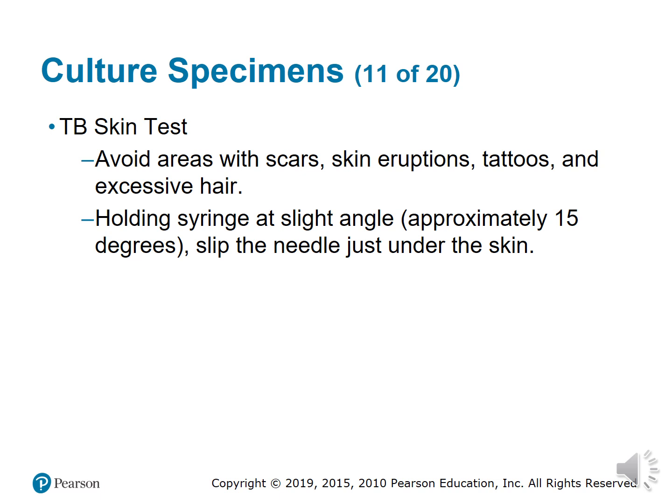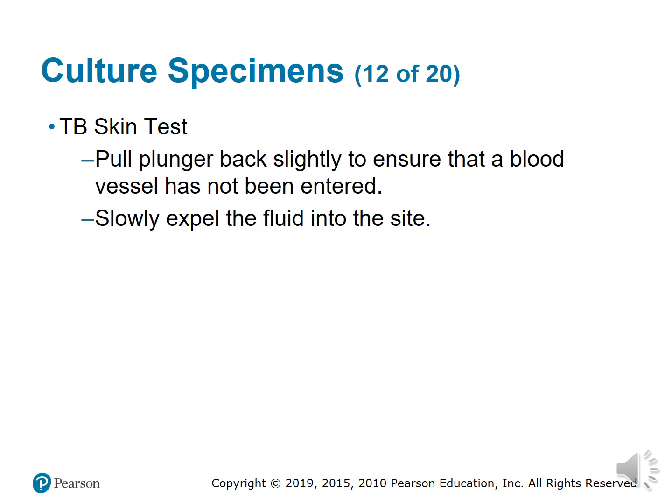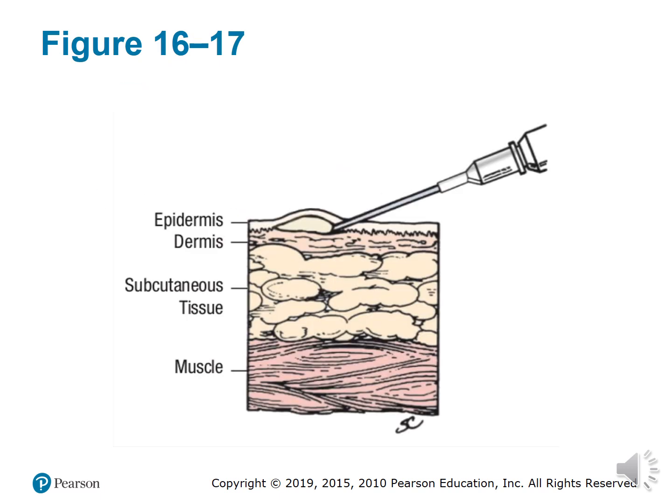And if it doesn't, you will have a well, which is like a little bitty bump on the very top surface of your forearm that they check. And if you look at figure 16.17, it shows where the injection for the TB skin test goes. It's just right under your skin surface, right under the epidermis, and not too far into the dermis.